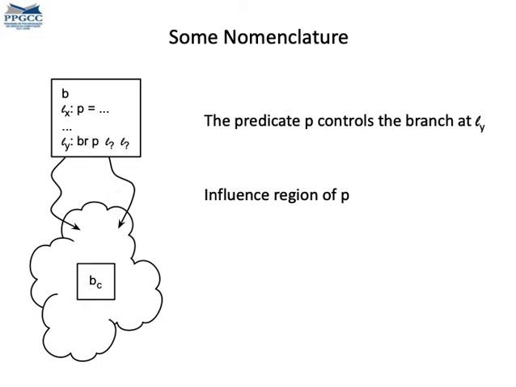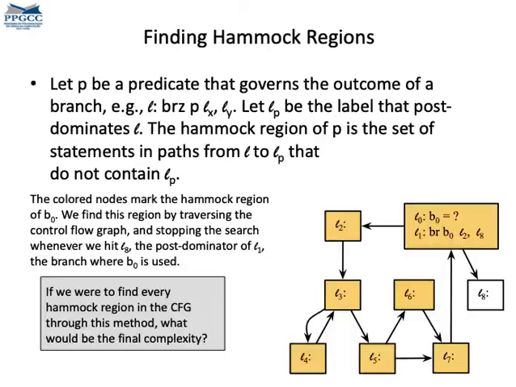We call it like this because P determines which blocks will execute in that region. So for any basic block within that region, let's call it BC, we shall say that BC is controlled by the variable P, meaning that BC lies within the influence region of P. I've marked this region in orange here, the influence region of B0.